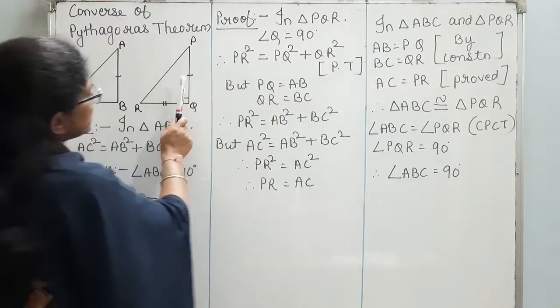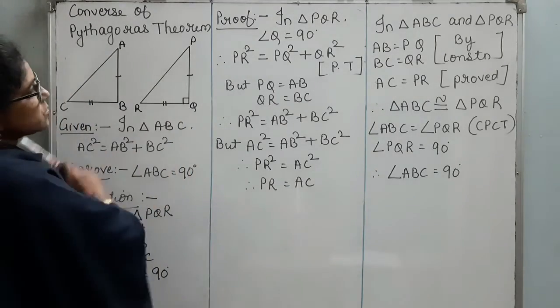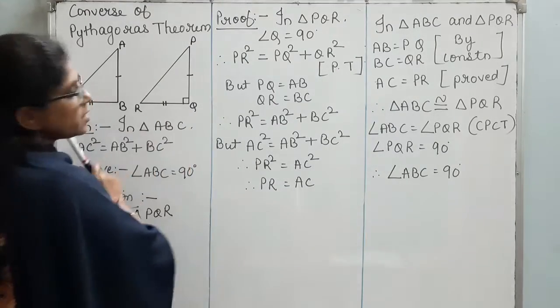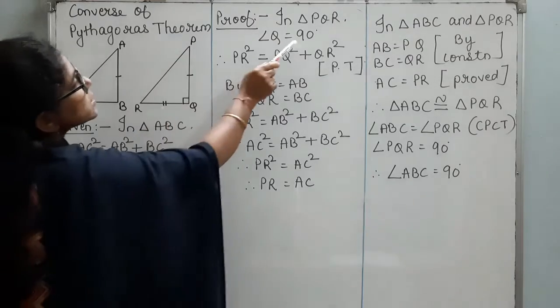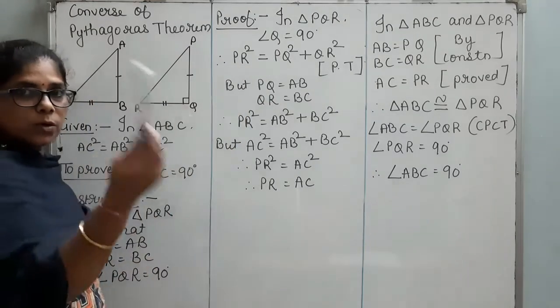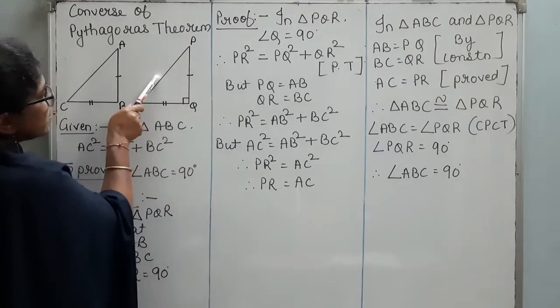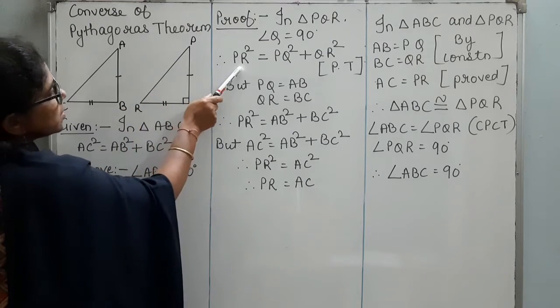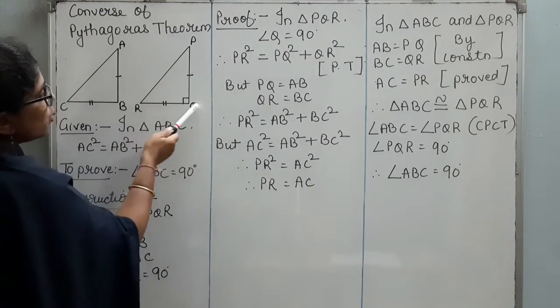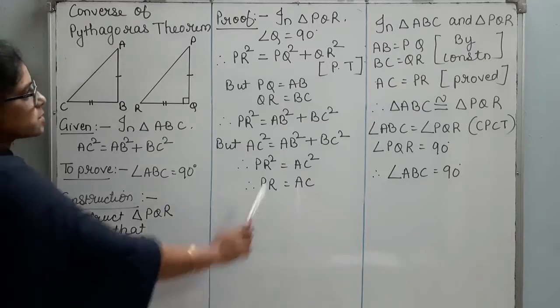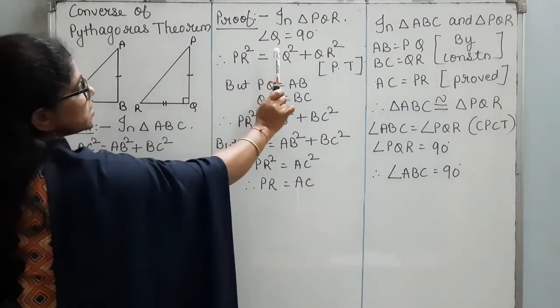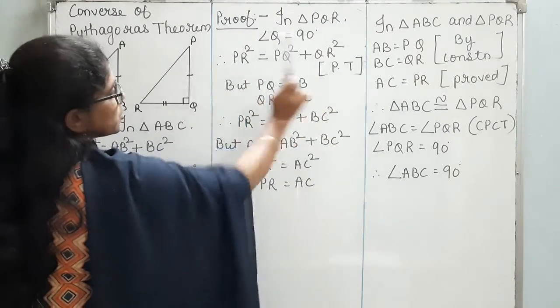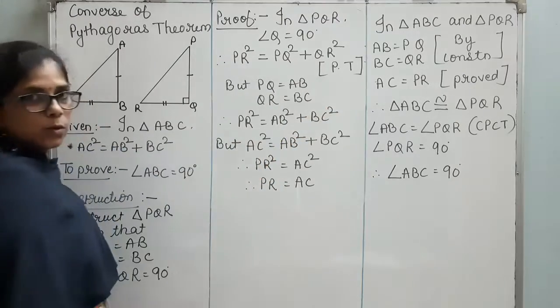Now here in this triangle PQR, by our construction, angle Q is 90 degrees. And our Pythagoras theorem says that the square of the hypotenuse is equal to the sum of the squares of the other two sides. So PR square is equal to PQ square plus QR square. That is by our Pythagoras theorem.